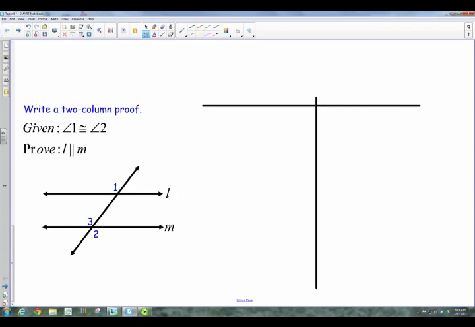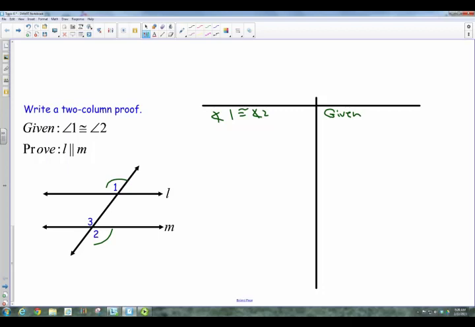We start this proof the same way we start every proof, knowing what is congruent or what is given. Given: angle 1 is congruent to angle 2. They want us to prove that line L and line M are parallel. Let's think of how this works.